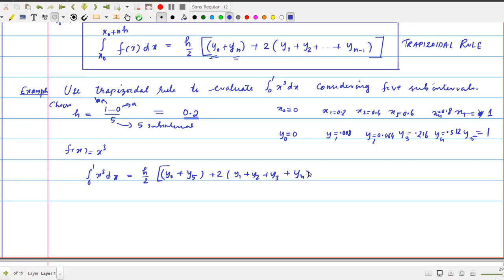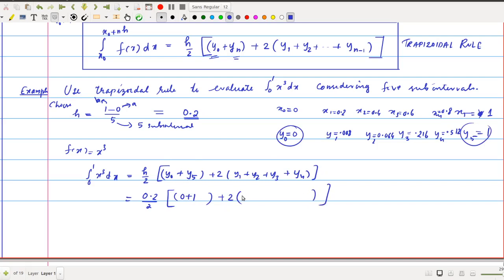These are the 4 values. So we substitute: h is 0.2, divided by 2, and y0 plus y5. y0 is 0 here, and y5 is 1. So this is 0 plus 1 plus 2 times the sum of the other values.